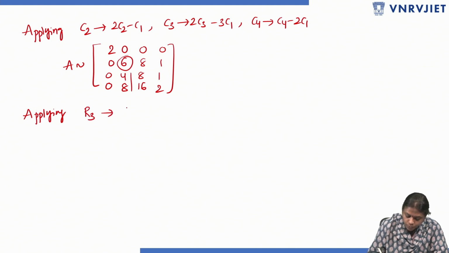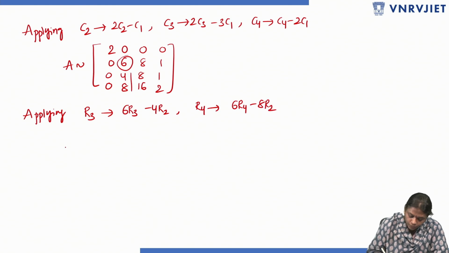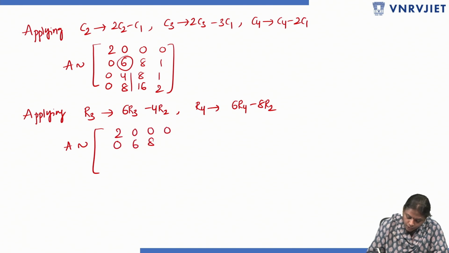Now R3 tends to 6R3 minus 4R2. Next R4 tends to, again I'm having 6, this is 8. Now multiply this with 6 and this with 8. So that 6R4 minus 8R2. Since I'm not implementing any operations for first and second row, I'm writing as it is: 0, 0, 0, 0, 6, 8, 1.